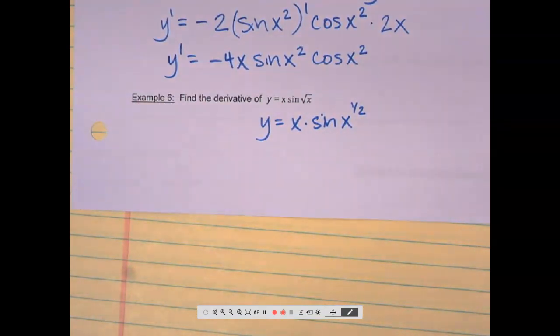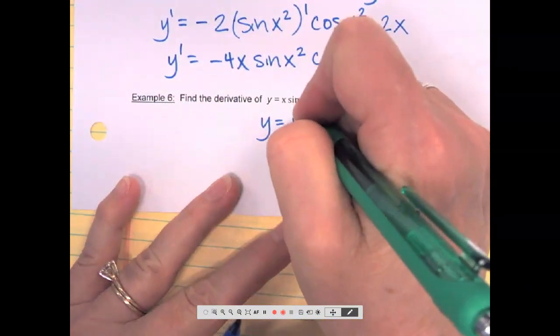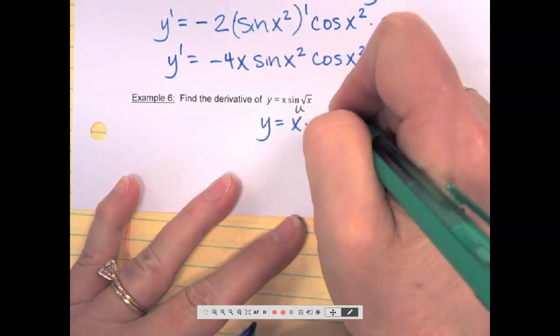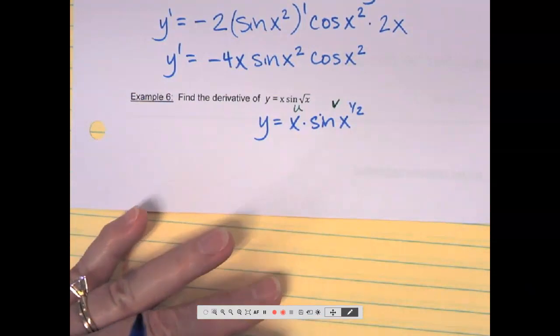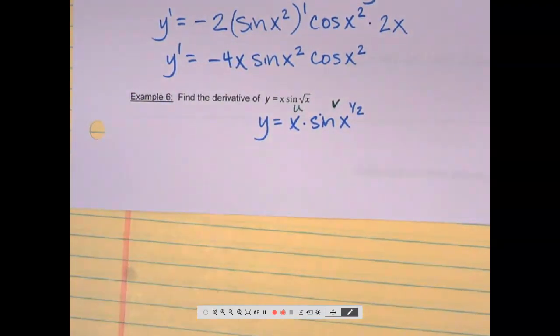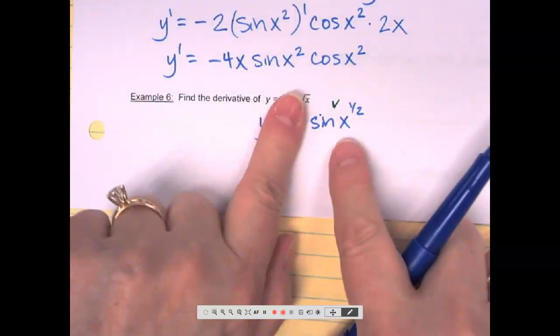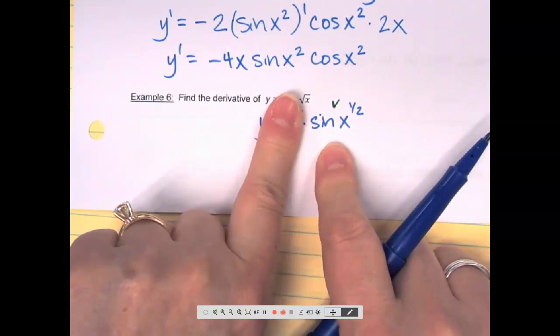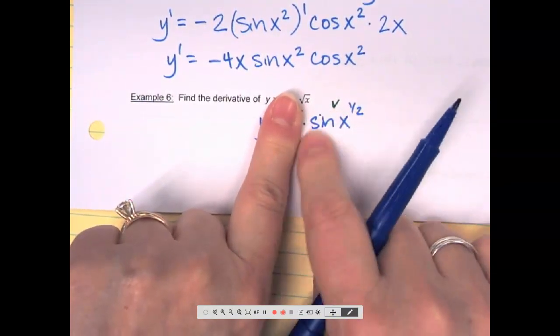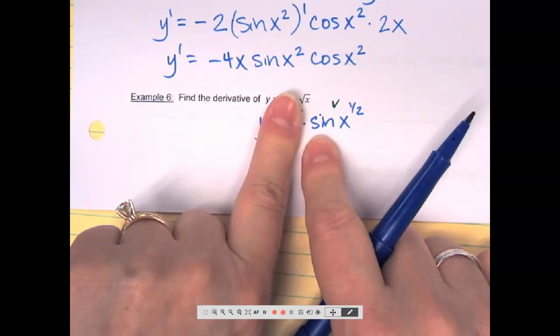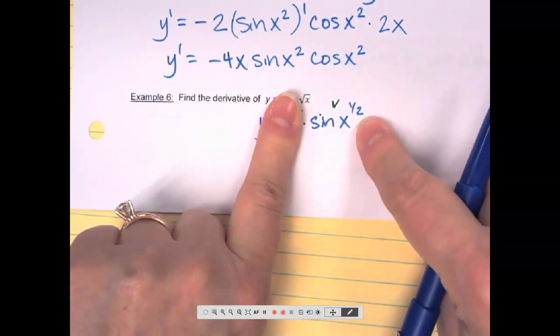Product rule. U and V. So do you do the product rule first, or do you do the derivative? Well, the product rule is how we do the derivative, but I will have to use the chain rule when I get to V prime, because that's two functions. So I'll have to do the derivative of sine, then the derivative of x to the 1/2.